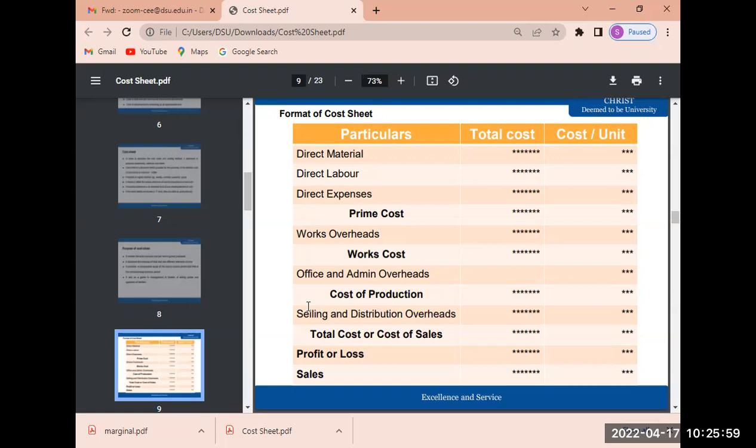Packaging expenses. Yes, packing and packaging expenses come under sales and distribution overheads. Okay, anything else? Depreciation on delivery van. Packaging, it's part of the factory, right?